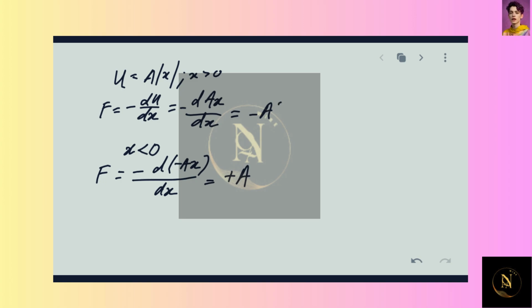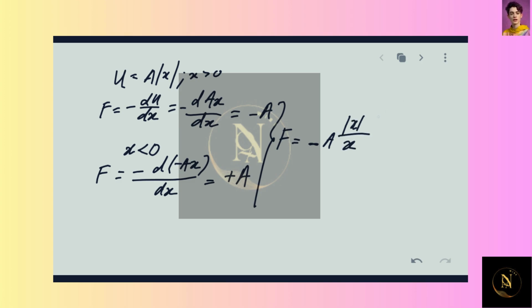And therefore, to accommodate these two results, we can just write F as being equal to negative a times the absolute value of x over x.